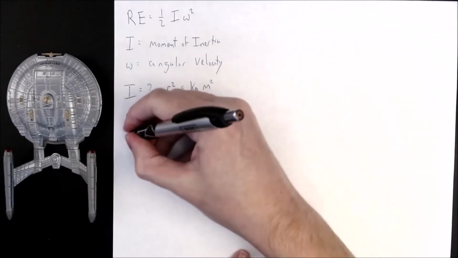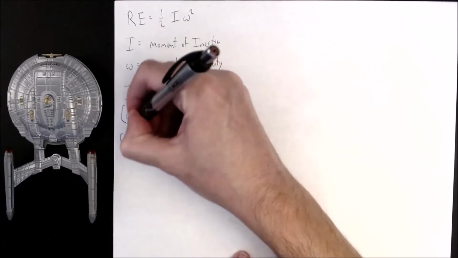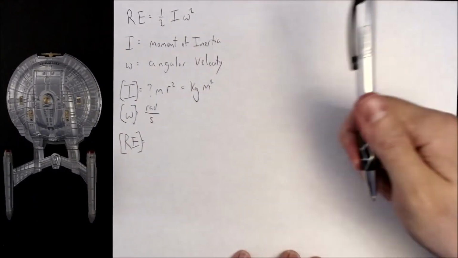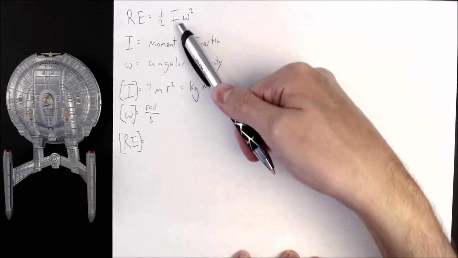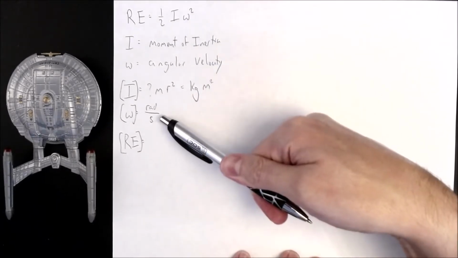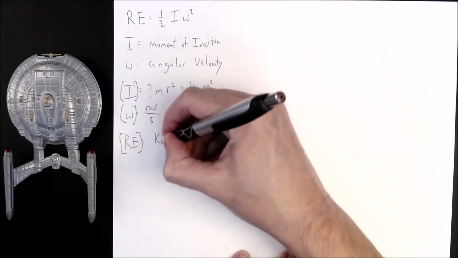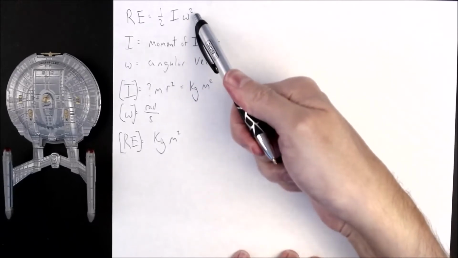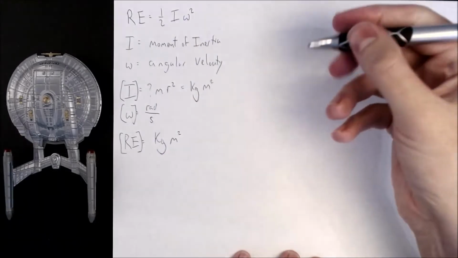So the units of rotational energy will be the units of that fraction, which is no units, times units of I, which is kilograms meters squared, times units of omega squared. We multiply by the units of omega, and then square those units.